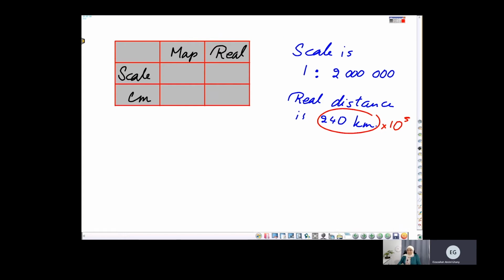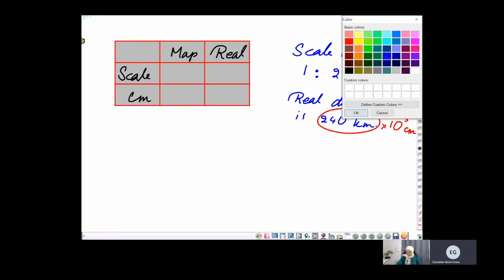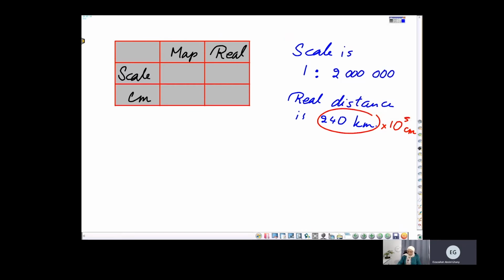From kilometer to centimeter, you just multiply by 10 to the power of 5. So now let's fill in. And now, of course, what is the question in this type of questions? We will ask to find the distance on the map.